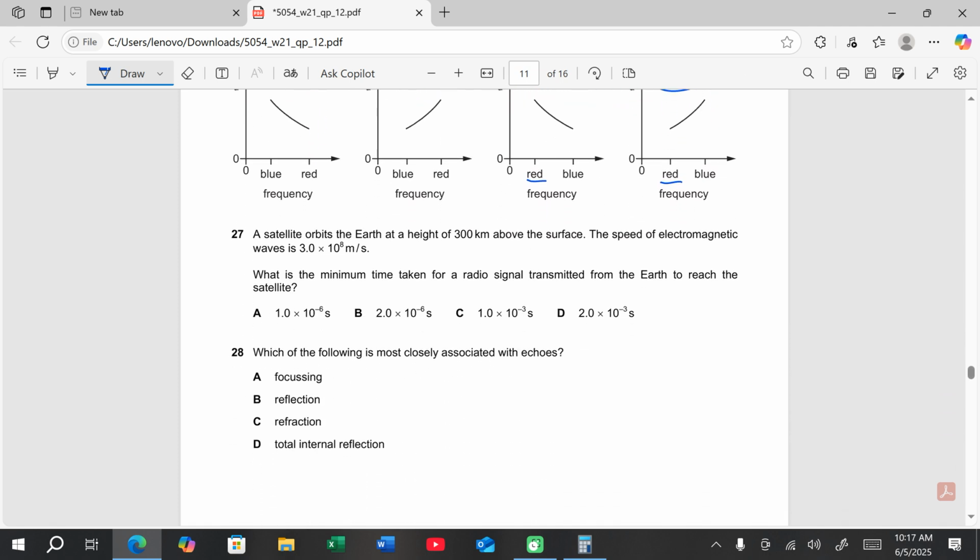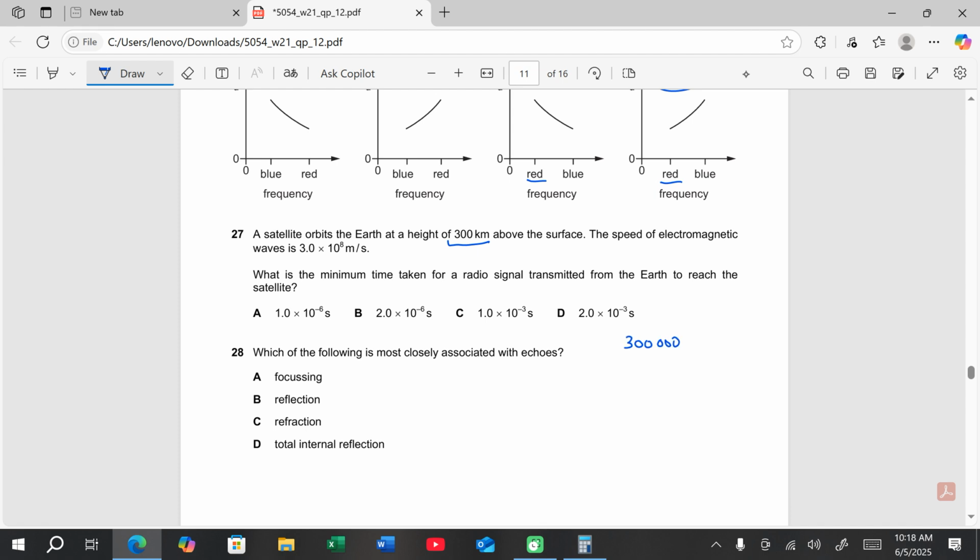A satellite orbits Earth at a height of 300 km above the surface. The speed of electromagnetic waves is given. What is the minimum time taken for the radio signals transferred from the Earth to reach the satellite? This is given in kilometers. What we need to do is find this in meters.